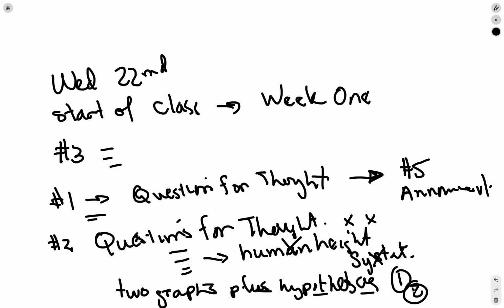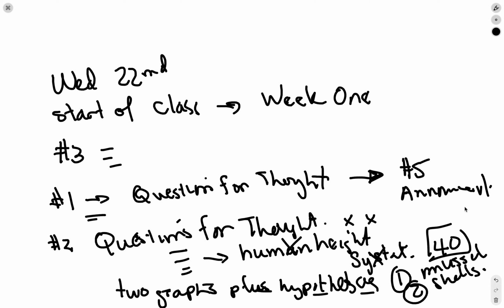Then number 2 is data on these mussel shells that we measured in class, and we have a total of 40. Each person measured 10, and we got a total of 40.